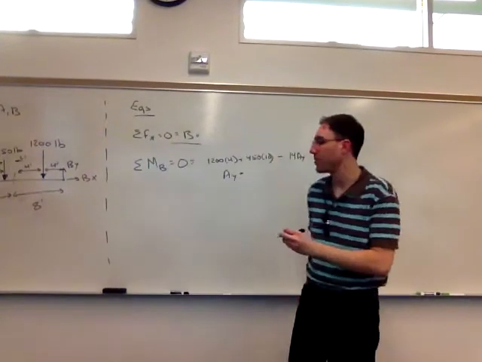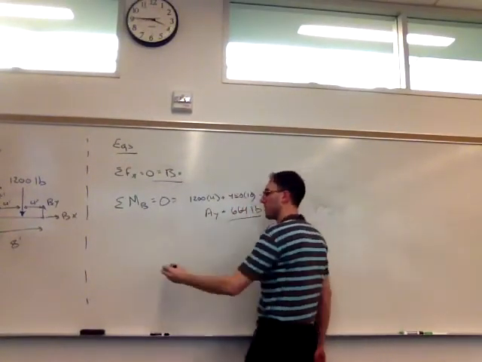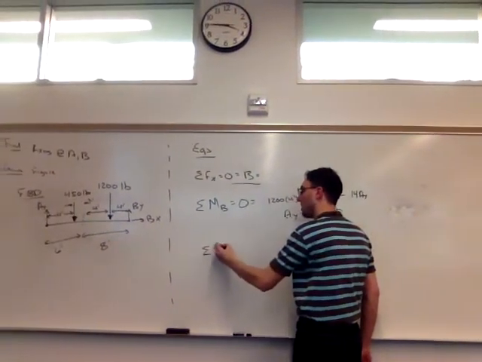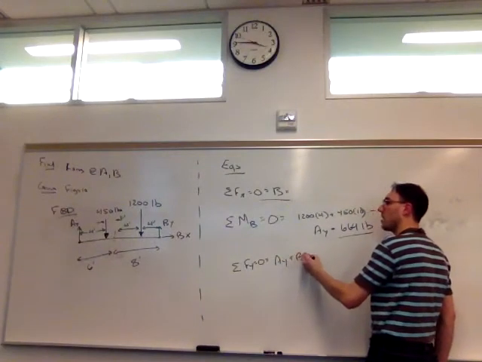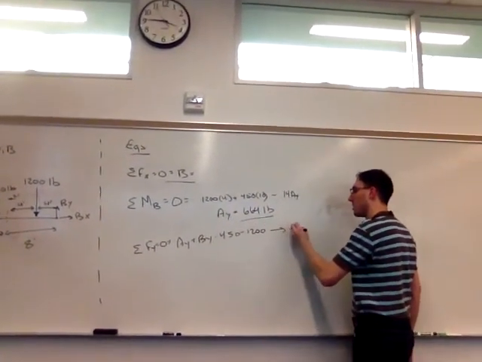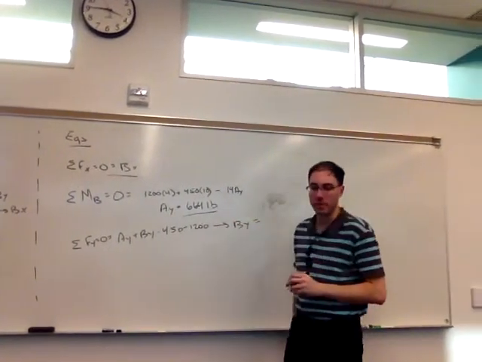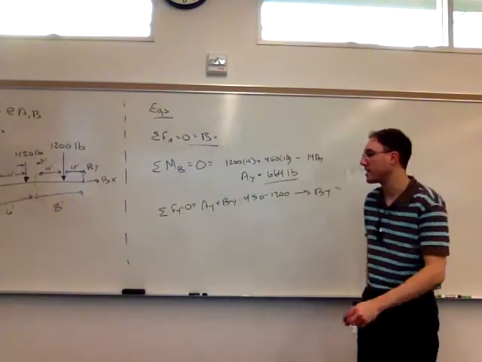Ay will get 664 pounds. Finally, summing forces in the y direction, Ay plus By minus 450 minus 1200. So exactly like we do in Chapter 5, we'll get a By value now of 986 pounds.